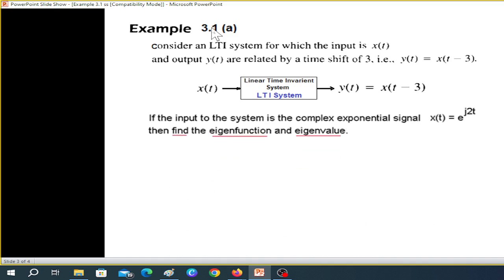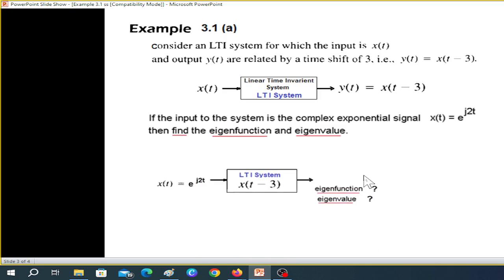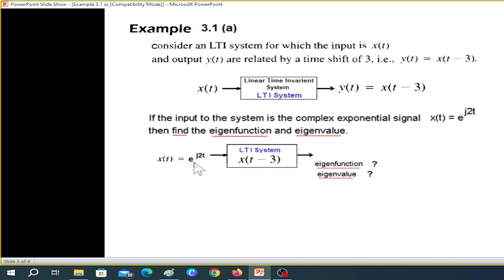Now the question is, if the input to the system is a complex exponential signal, this signal, then find the eigenfunction and eigenvalue. So let's see, this is the input. This is our system which shifts time by 3, or t minus 3. And we have to find the eigenfunction and eigenvalue.